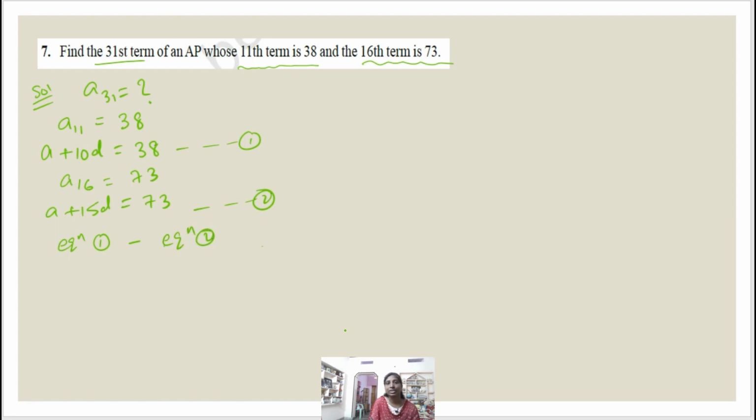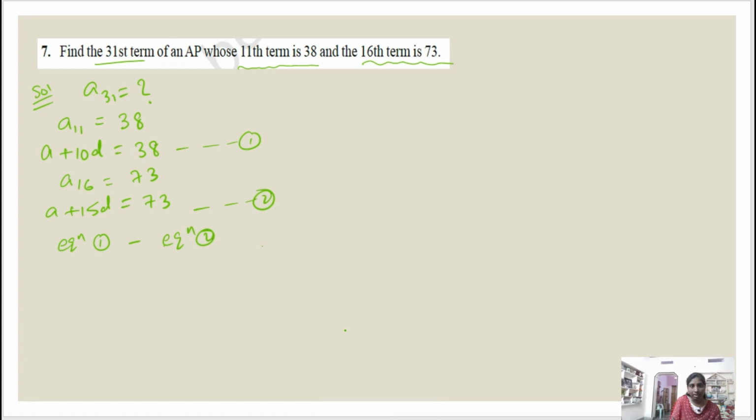There are two ways to write. So here again I am writing these two equations: A plus 10D is equal to 38 and A plus 15D is equal to 73.